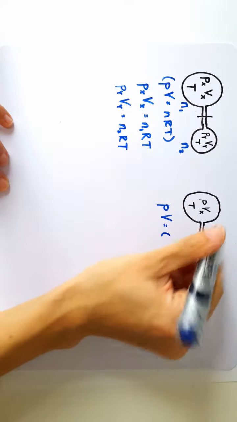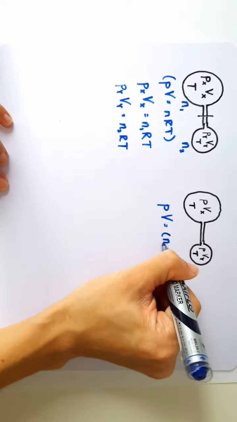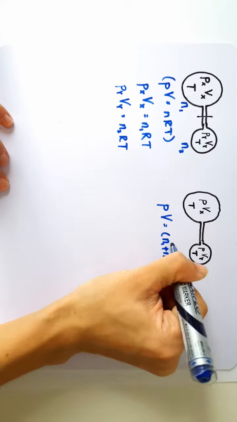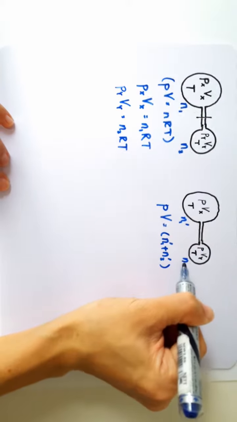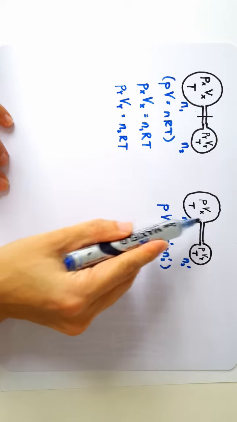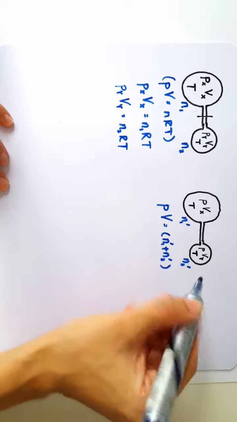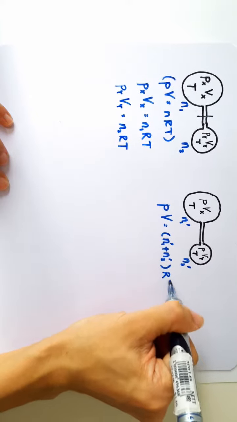The amount of gas in here would be N1 plus N2. Let's put a prime, to represent the new amount of gases in two flasks. So R would still be R and T would still be T.